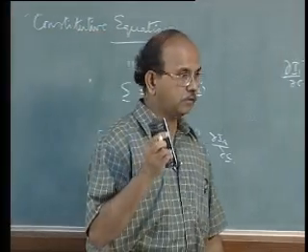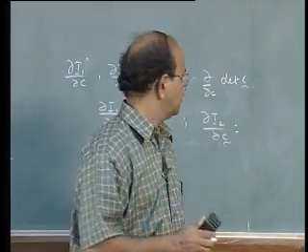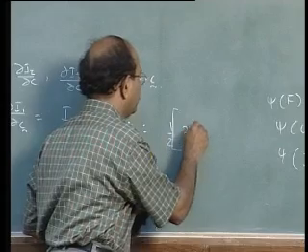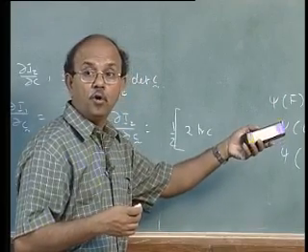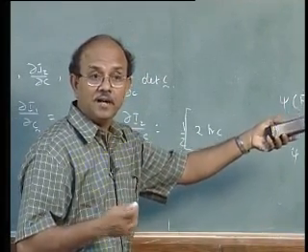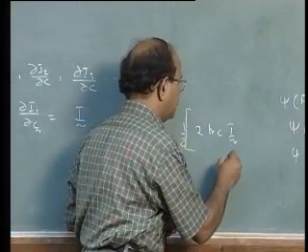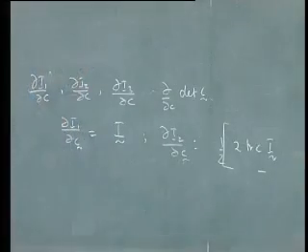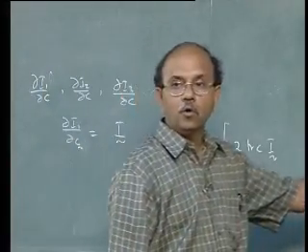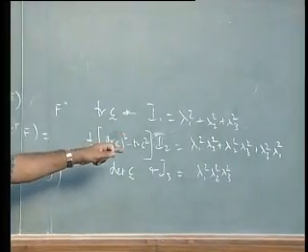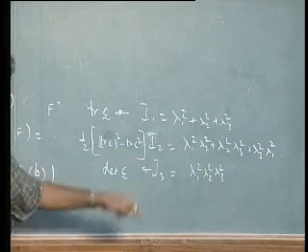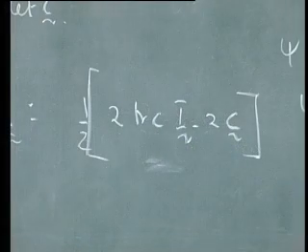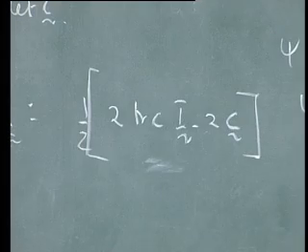Half into 2 into trace of C, into dou of trace of C by dou C, which is I, minus dou of trace of C squared, which is equal to 2C. So that is the first part of it.